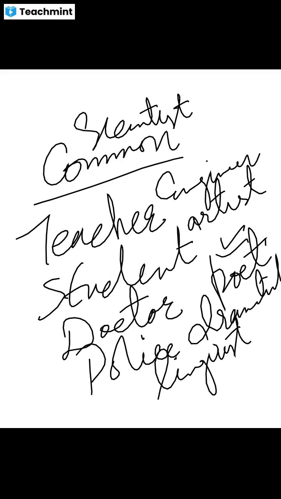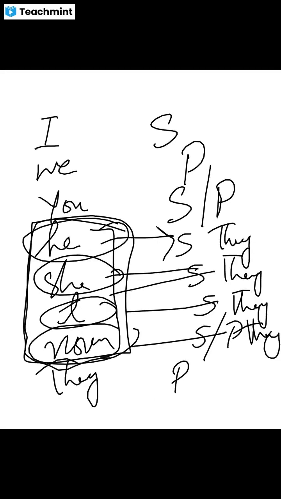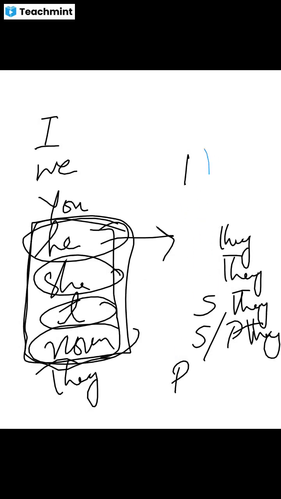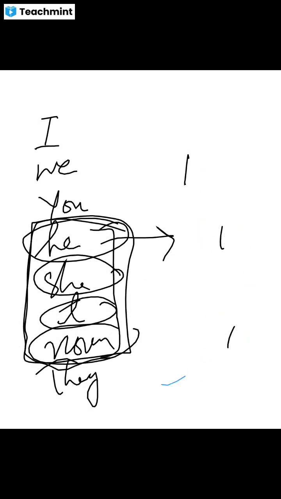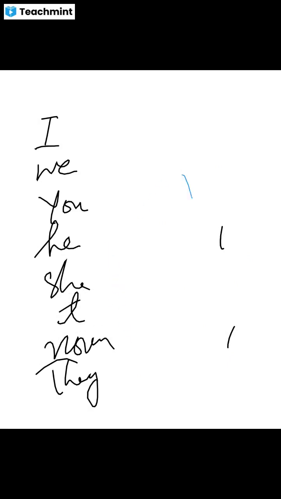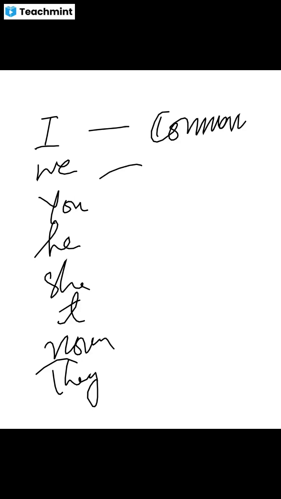Now let me come back to the pronouns here. When we talk about gender, we have to remember the gender of these words. The gender of I is both. It's common. I am a boy, I'm a girl, can be used by both. We, it's again common. You, it's common.